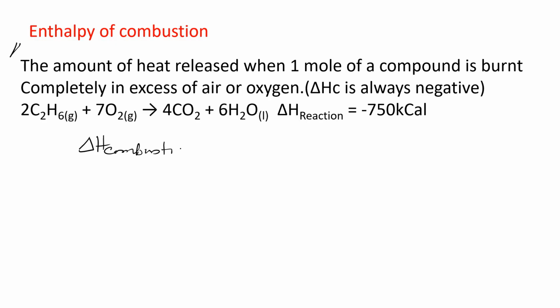Delta H of combustion means you just have to calculate for 1 mole. It is given for 2 moles. Delta H combustion will be minus 750 by 2, which is equal to minus 375 kilocalorie. Okay.